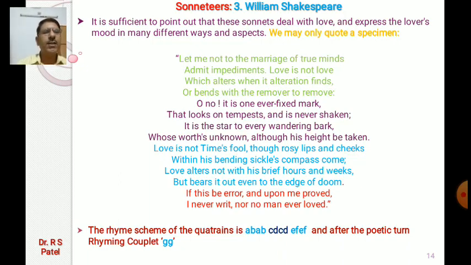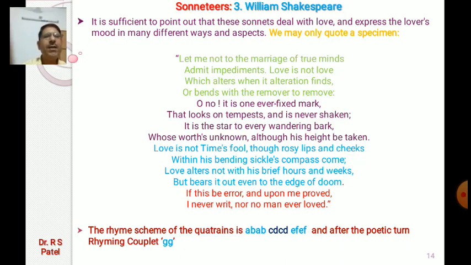The first line ends with minds, and the third one is finds. Minds and finds. Second and fourth, love, move. The next quatrain is mark with bark, shaken with taken. Third quatrain, chicks and wicks, come and dumb. So this is how the alternate lines are rhyming equally.